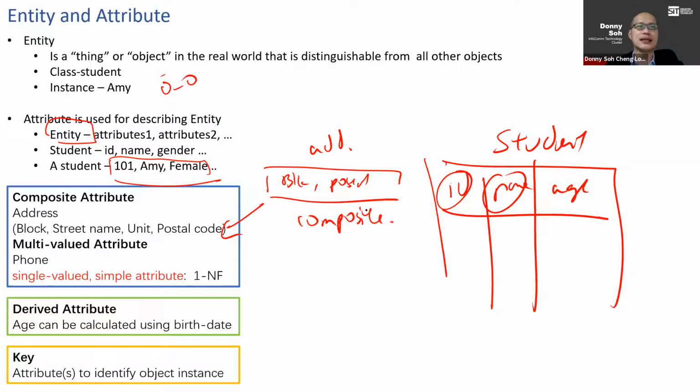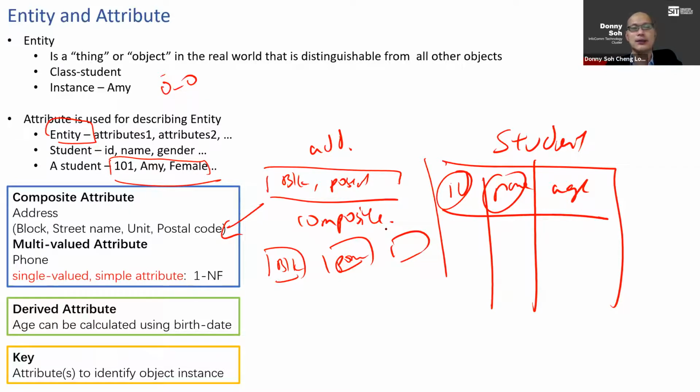So we mentioned that this is not really encouraged. What will be a bit better is that we would split it into block, postal, and so on.